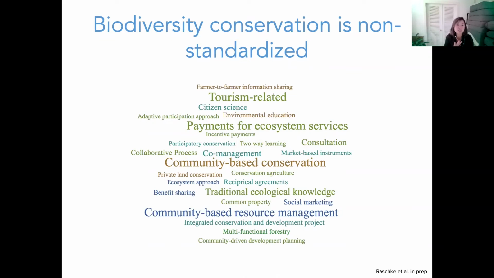So for example, this word cloud here is generated as part of a study that was looking at the landscape of community engagement approaches used in biodiversity conservation. And we found that there's a lot of overlap between a lot of these terms, both in what the term actually is, but also in their definitions. And there was very rarely any kind of accepted definition for one over the other.